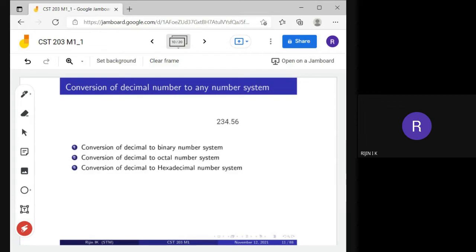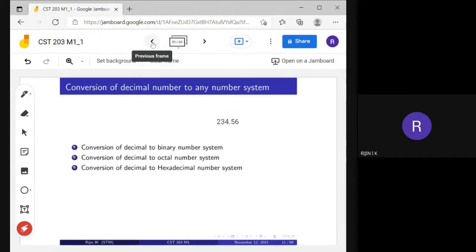For converting the integer part, we can use repeated division. And for converting the fractional part, what is the logic? Anybody have any idea? No idea. Okay, I will tell you.